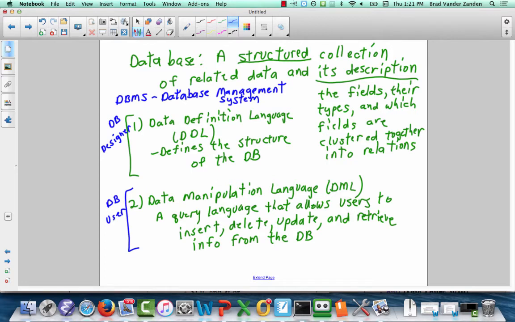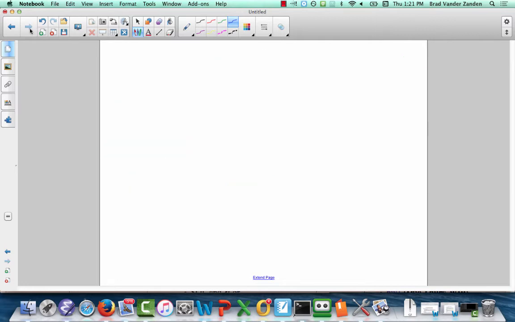Okay, so you can think of a database management system as having a data definition language, a data manipulation language. So the data definition language essentially defines the database. And then the third big part of a database management system, so I'm going to put 3 here, this is still part of a database management system, is access control.